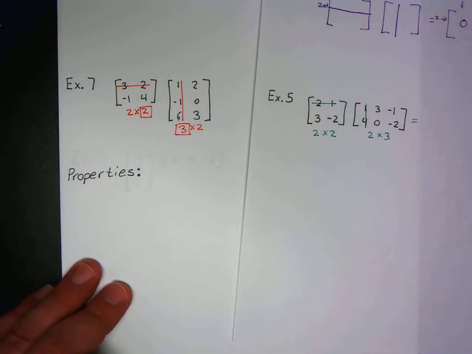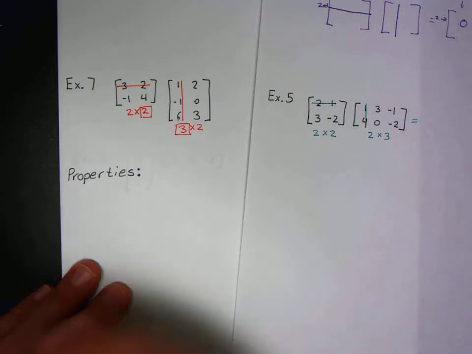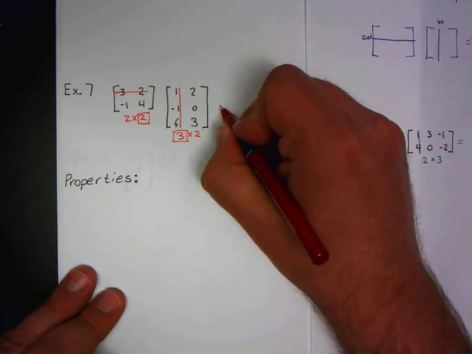What if you were to put the second matrix first? That would work. But that's not how it's written. That's not what you're being asked to do. Okay. So this one is not possible.